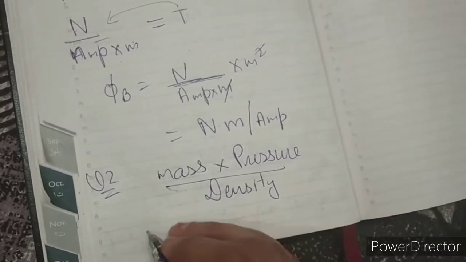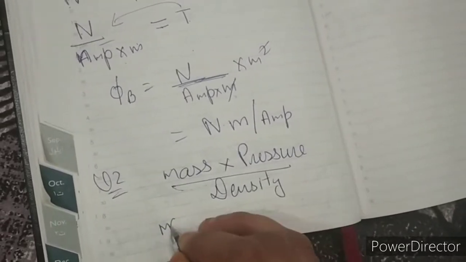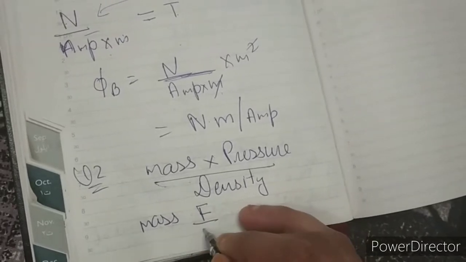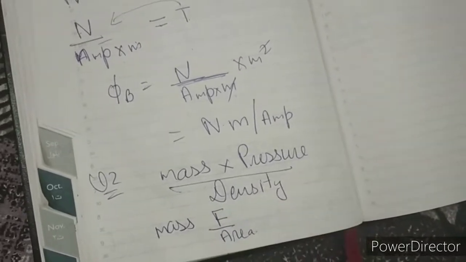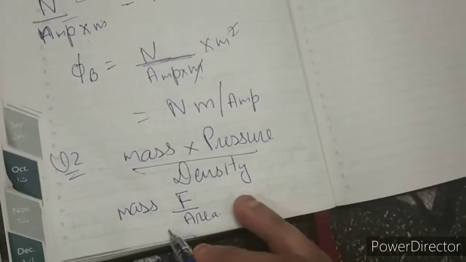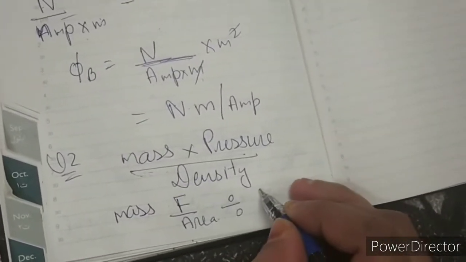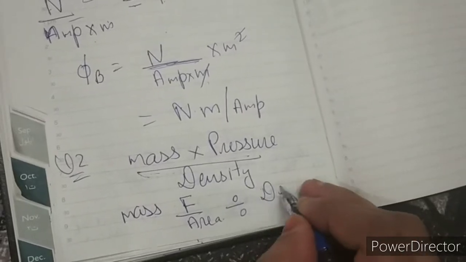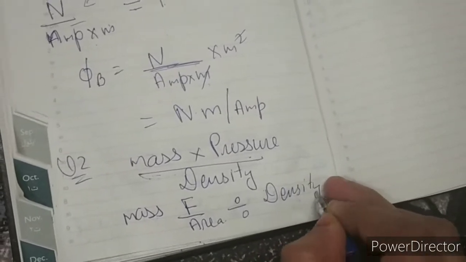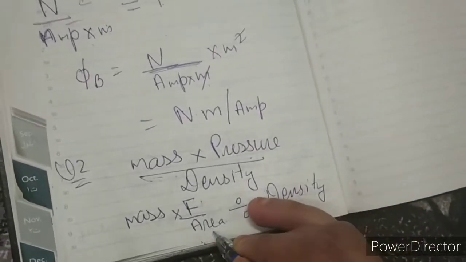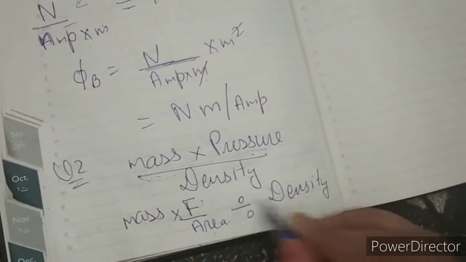Okay, mass means mass, put it like this. What is pressure? Pressure is force per unit area, correct, and this whole thing is divided by density. So mass into pressure is force per unit area, divided by density.